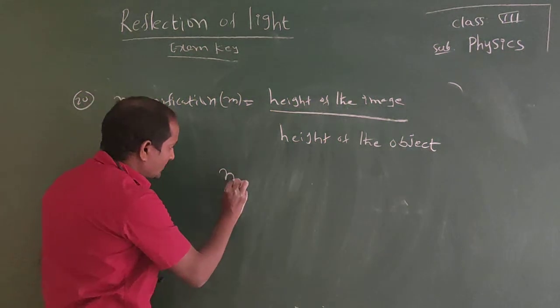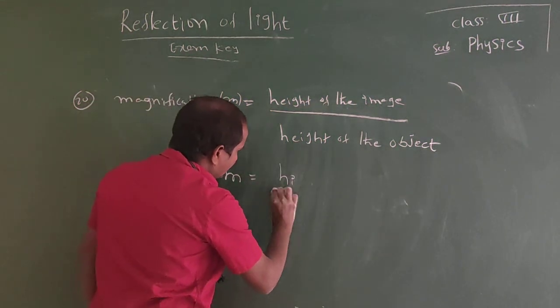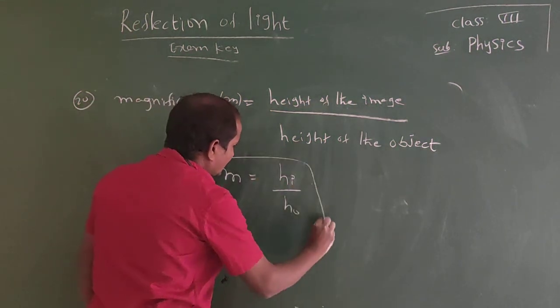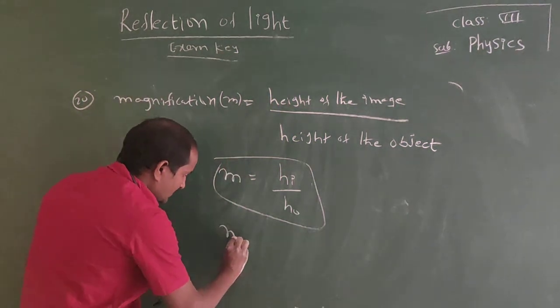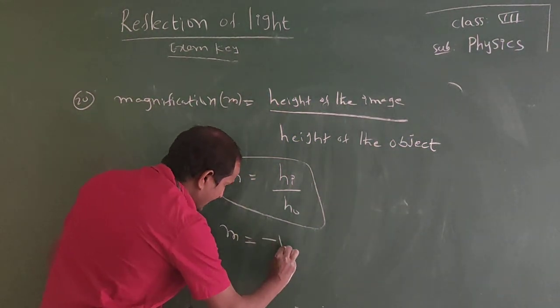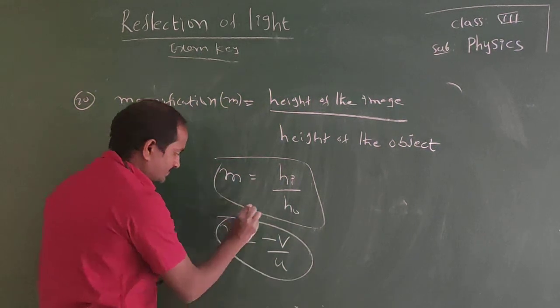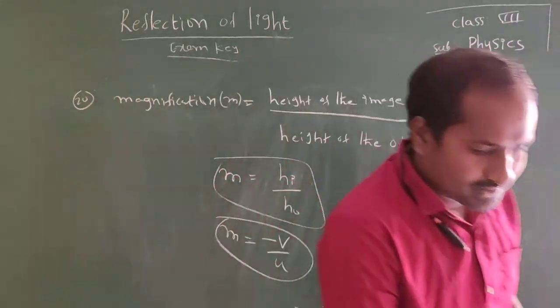Therefore M equal to HI by HO. Okay, one other one. Next we can write M equal to minus V by U also. Okay, thank you.